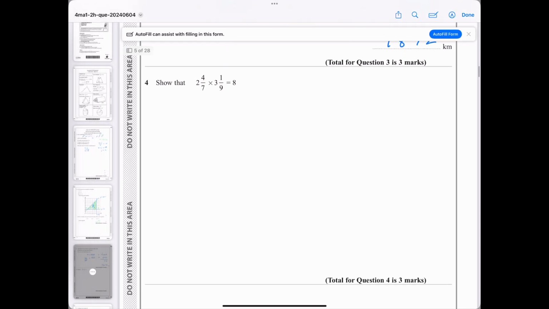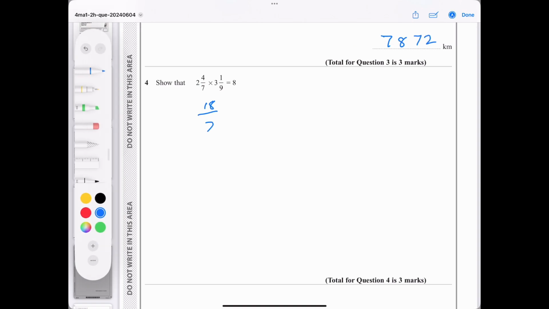Right. Okay. This just makes them into improper fractions, which I prefer actually. 1418 over 7 times 2728 over 9. And then that would equal on the bottom 63.